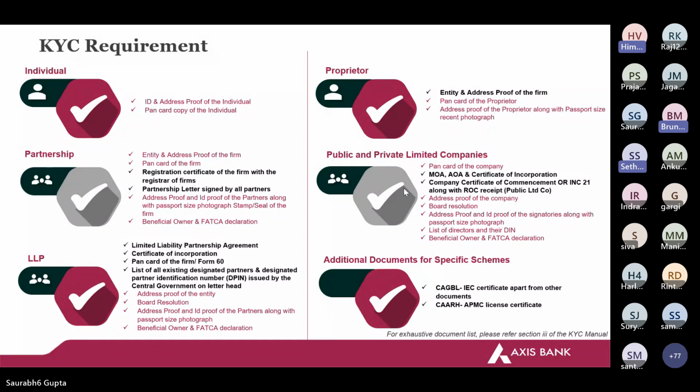So depending upon the constitution in which the account is getting opened, the mandatory documents with respect to the entity as well as the authorized signatory will change. So this is a quick reckoner which you can refer to while opening any current account, so that you are clear at first what all documents need to be collected depending upon the constitution, and make sure that the customer is ready with those so that the account can be seamlessly opened.